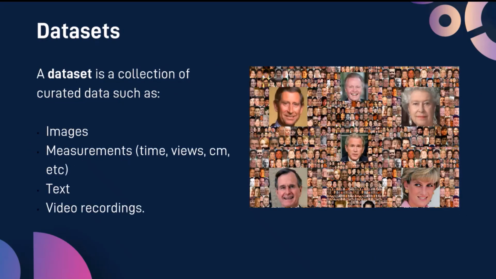So when we are speaking of data or data sets, as we said, this can mean different things. Data can be collected using different means. Here I am giving examples of images, measurements, which could be a measurement of time, number of views on a video, measurement in centimeters or meters, and so on. It could be text, it could be video recordings. Obviously the AI will be using different sensors to collect the information.